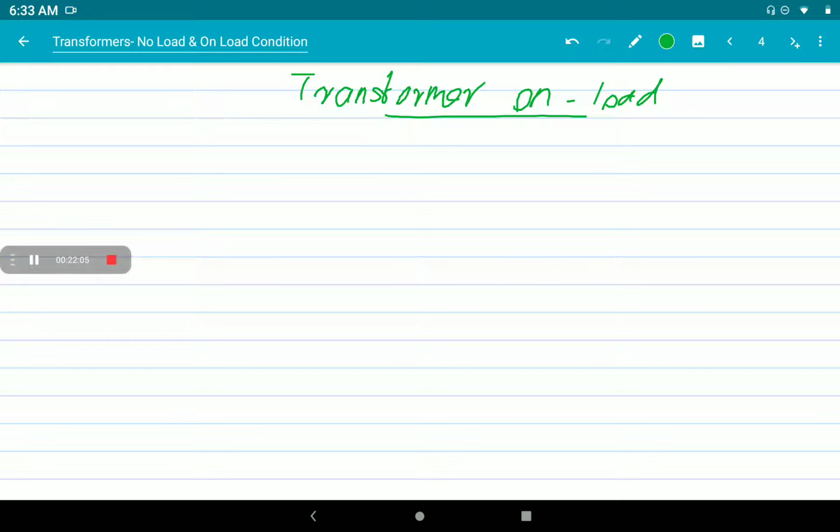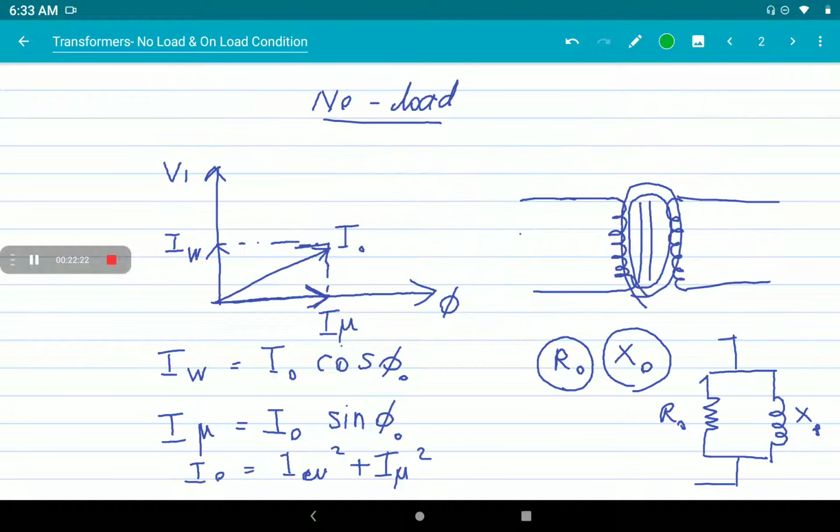So first നമ്മൾ no load condition എന്താണ് അസ്യൂം ചെയ്തത്? When we draw a phasor diagram, voltage in a perpendicular direction and flux in this direction. Before that I will again explain one thing. We here consider the V1 in this direction.